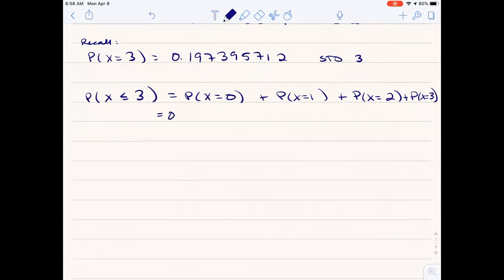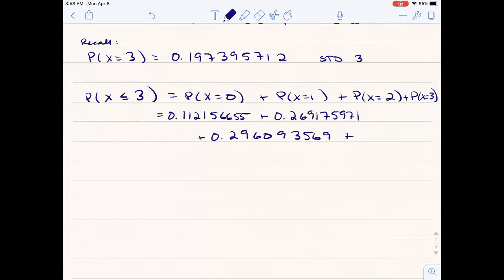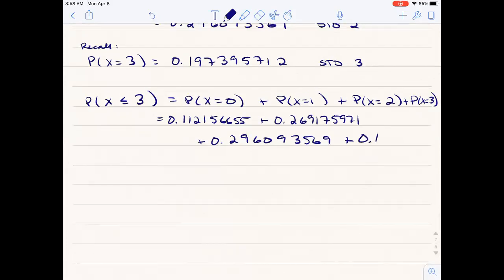Recall 0 plus recall 1 plus recall 2 plus recall 3.